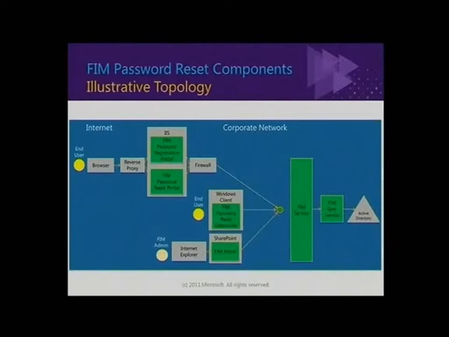So it's still using the same extension to the GINA, or the same replacement for the GINA, to do the password reset. With FIM 2010 R2, there's still the SharePoint portal where you can do the administration interfaces, you can do your white pages scenarios, you can still update your attributes, and those will all be flowed on to AD as it was done in the past.